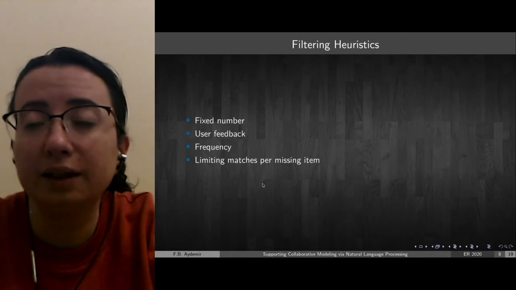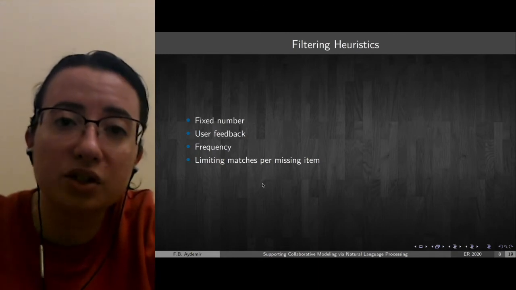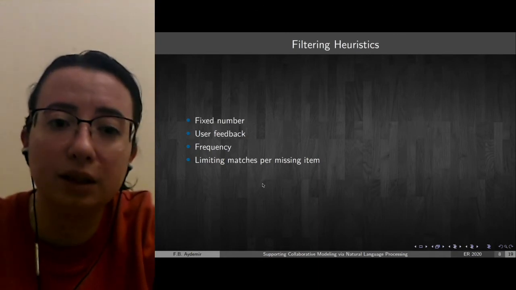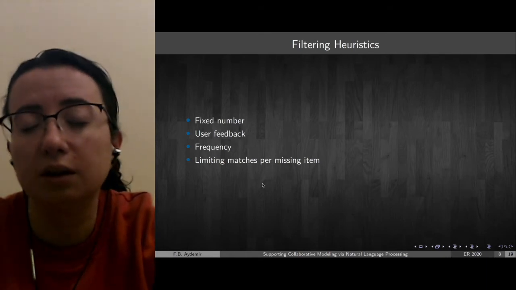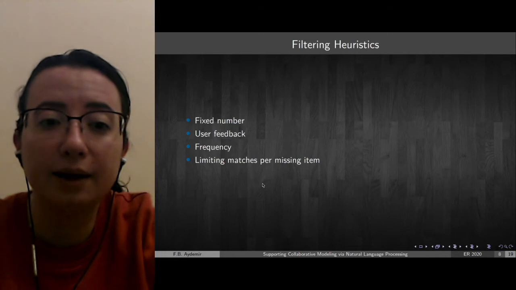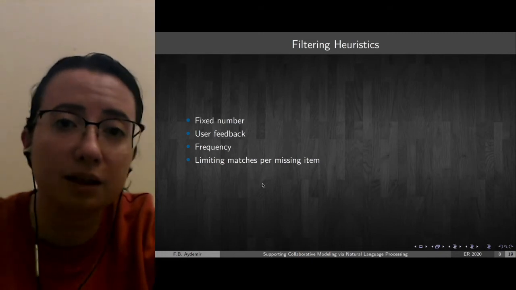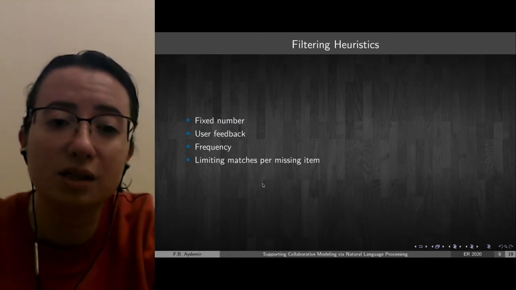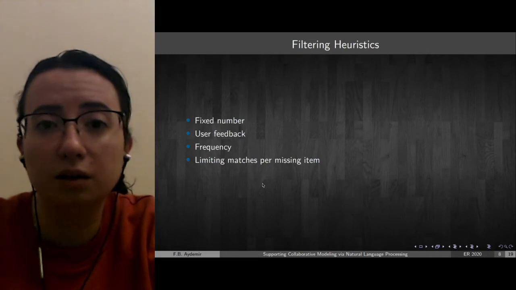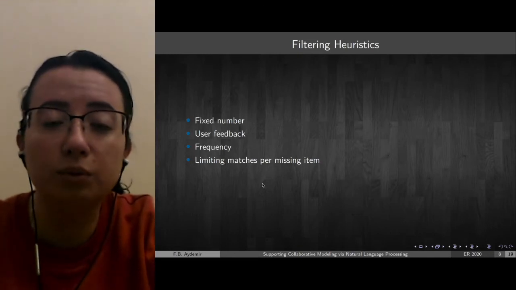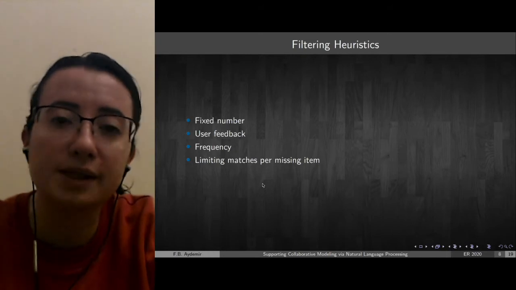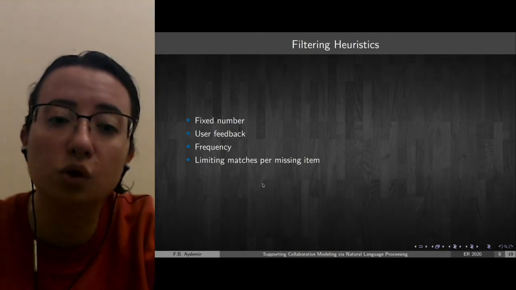Next, you might have too many candidates for suggestions, and then you need to apply some techniques. Here, some basic heuristics you can apply is to get a fixed number. Perhaps the first 5 candidates will be suggested, or you can incorporate the user feedback heavily. Or prune some of the domain model, for example, never get suggestions from those parts.